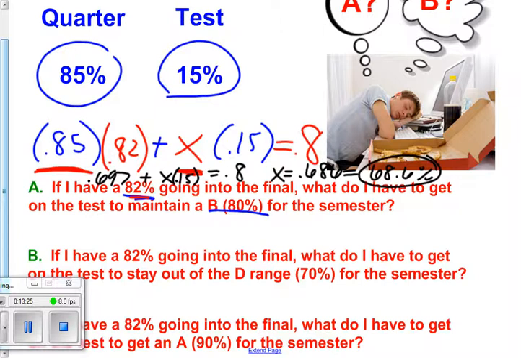68.6%. So he could get, is that like a D plus? He could get a D plus on the test and maintain that B, which I think is pretty crazy. D minus? Nope. This percent is X. So that's telling us what he could get on the final.